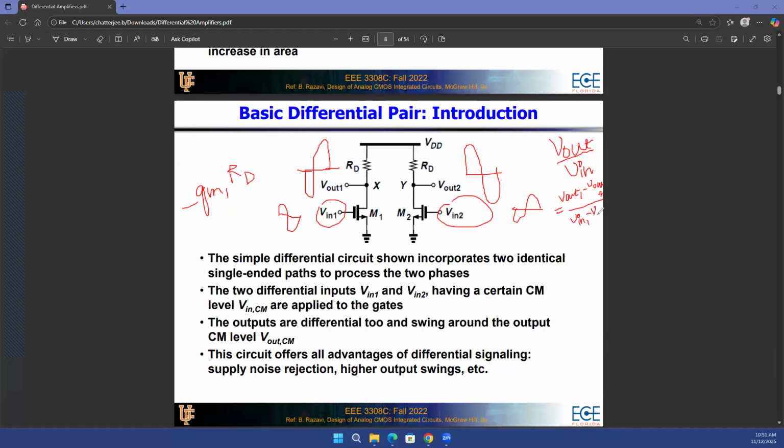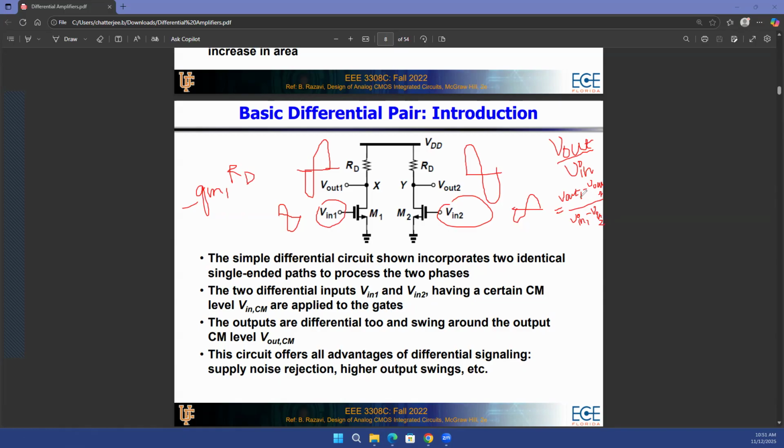So my actual input is also twice of V in 1 or V in 2 individually, right? Because I'm applying V in 1 on the left side branch and V in 2 on the right side branch. So I have V out 1 minus V out 2 in my numerator. That's my overall V out. But my overall V in is V in 1 minus V in 2.